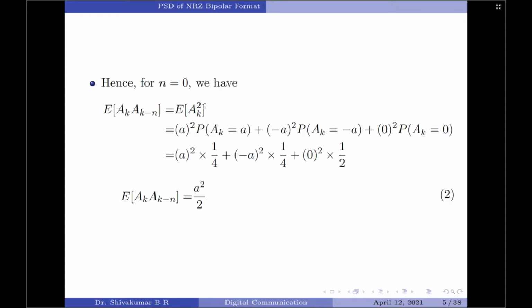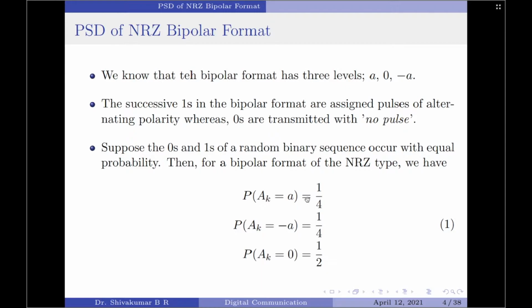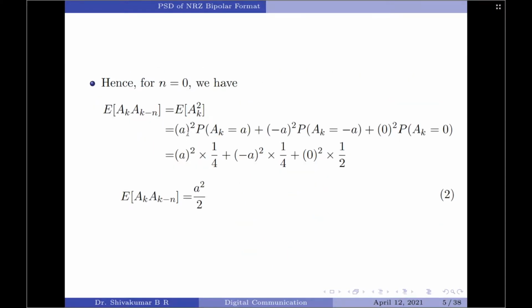Let us now substitute the values of the amplitudes. Please note we have three amplitudes, plus A, minus A as well as 0. We'll start with plus A here. We have the amplitude whole square multiplied by the probability of occurrence of the corresponding amplitude.